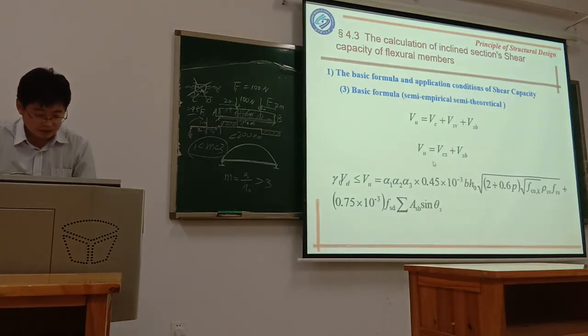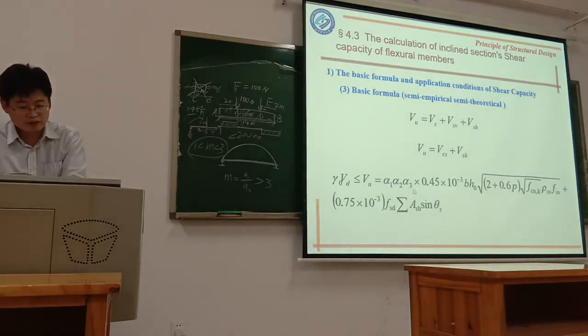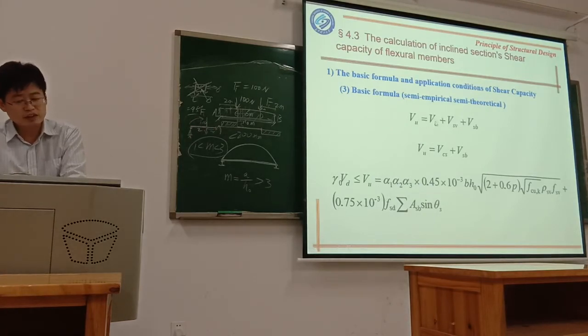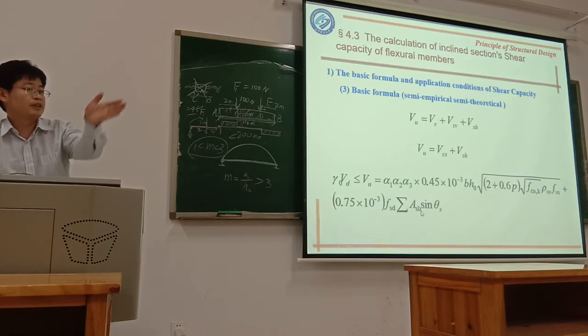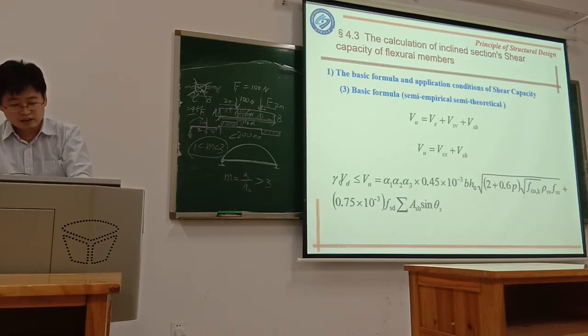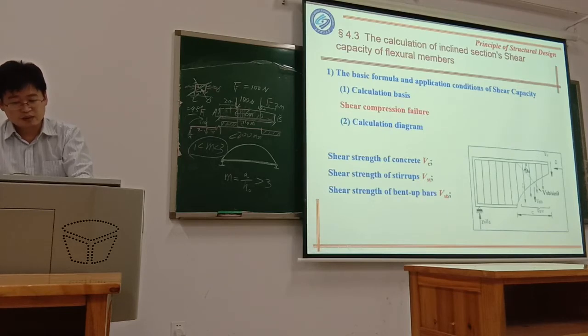So finally, we can use this equation to calculate VU. VU is equal to these 3 parts. You see the last part is ASB sin theta. This is the shear force resisted by the bent-up reinforcement. And the former part is VCS, by VC and the stirrup.